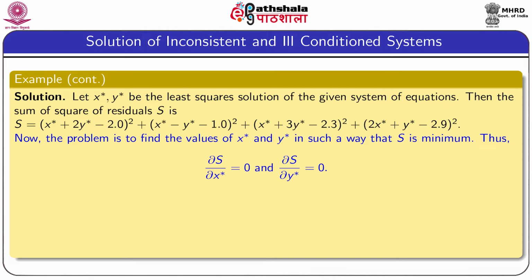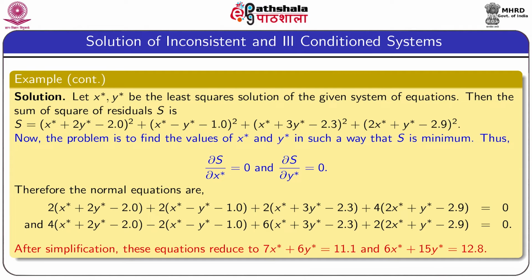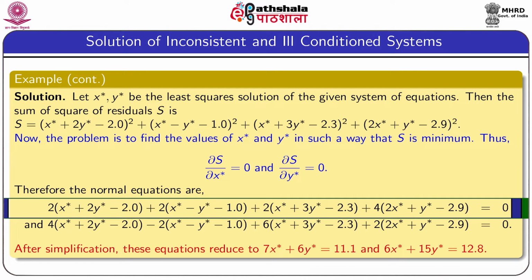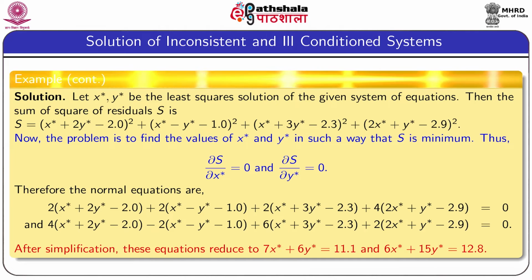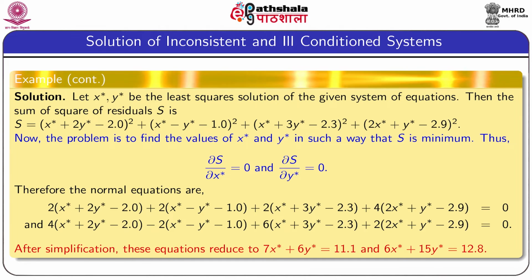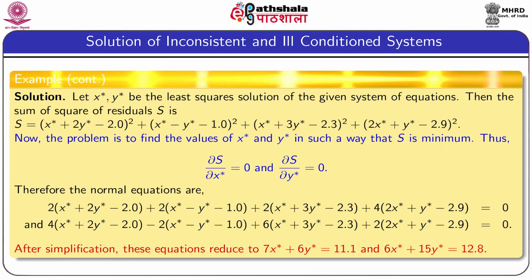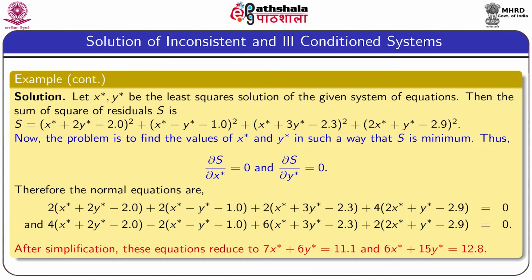After simplification the normal equations are this one, that means 2 into (x star plus 2y star minus 2) plus 2 into (x star minus y star minus 1) plus 2 into (x star plus 3y star minus 2.3) plus 4 into (2x star plus y star minus 2.9) equal to 0, and the second equation is obtained from del s by del y star equal to 0.